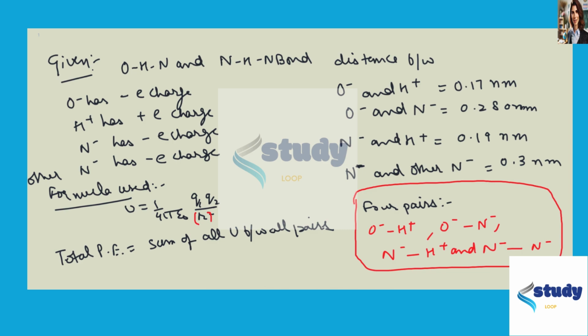So, coming back, the distance between O minus and H plus is 0.17 nanometer.